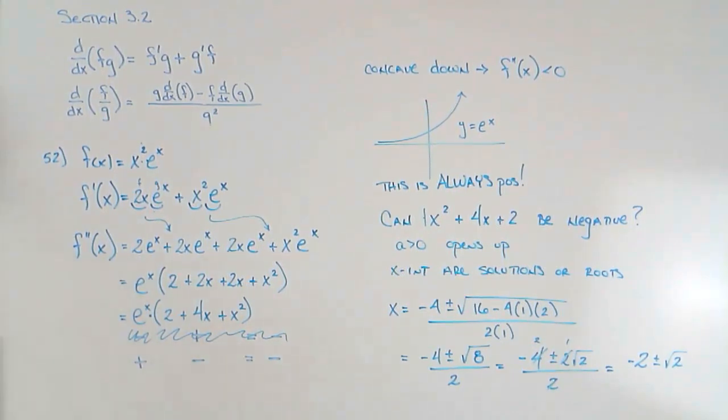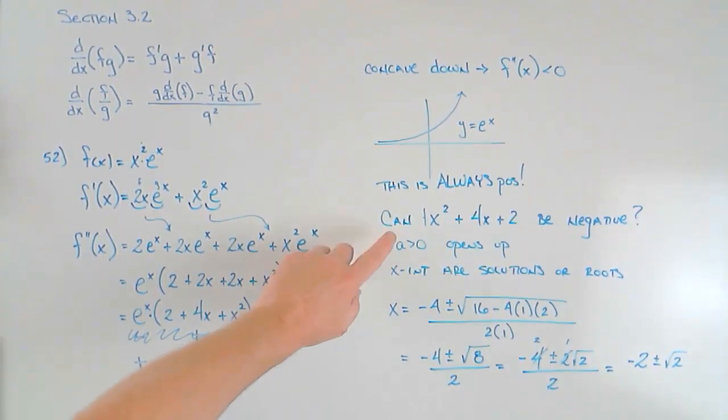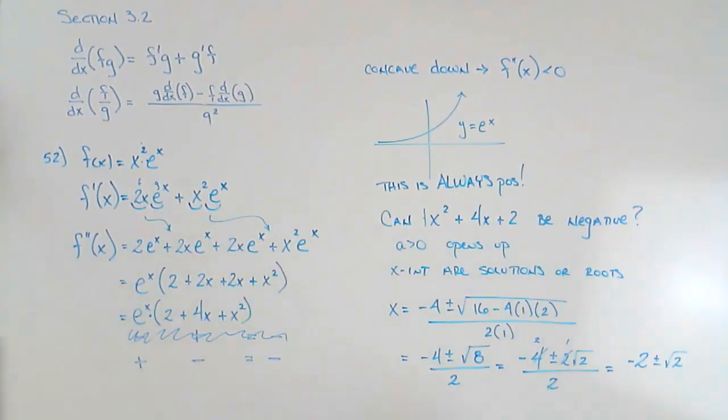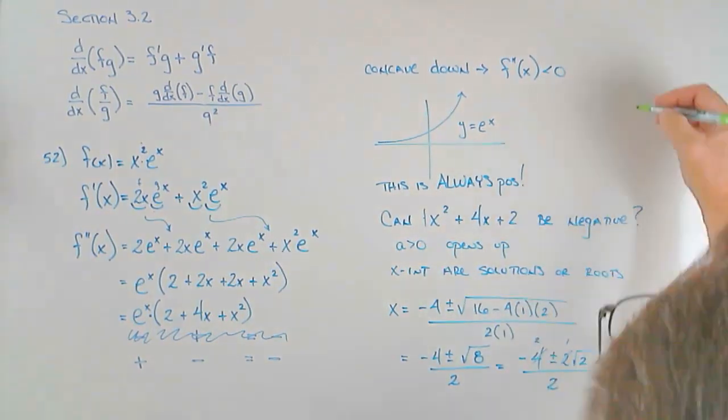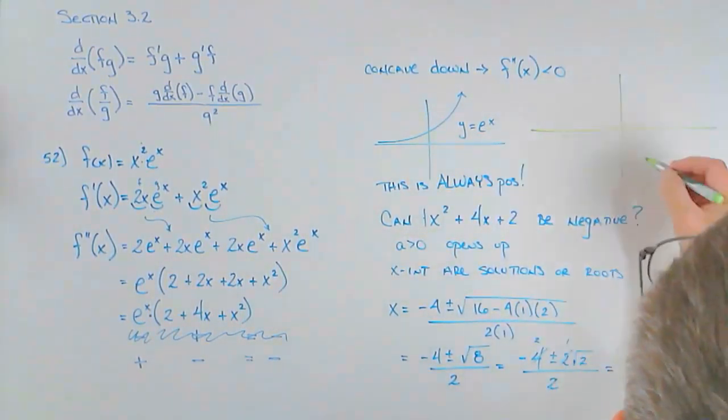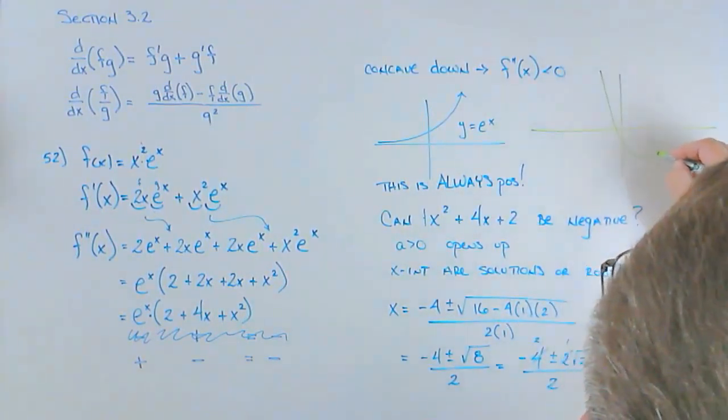So what do we know here? Remember, don't lose the forest for the trees. I mean, we're doing an algebra 2 finding solutions using the quadratic formula step here, but we're trying to figure out when this is negative. It's a parabola. We know it opens up, right? We know it opens up, but does it open up like this?